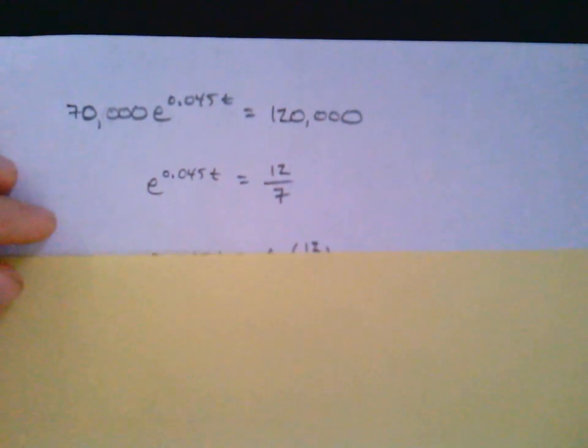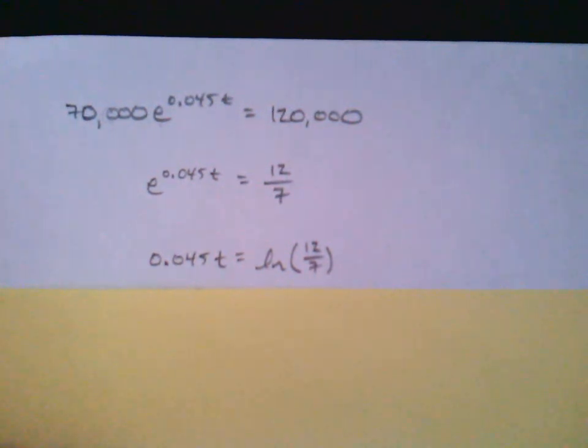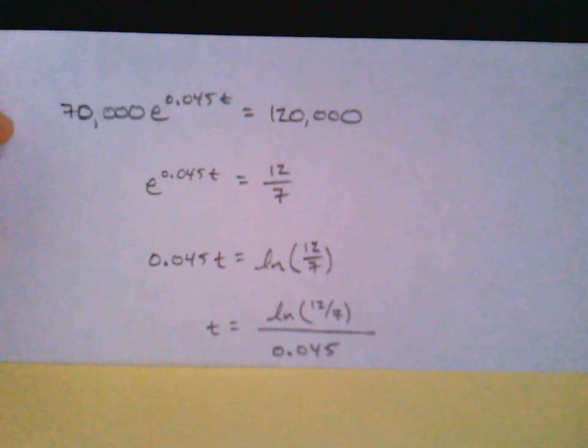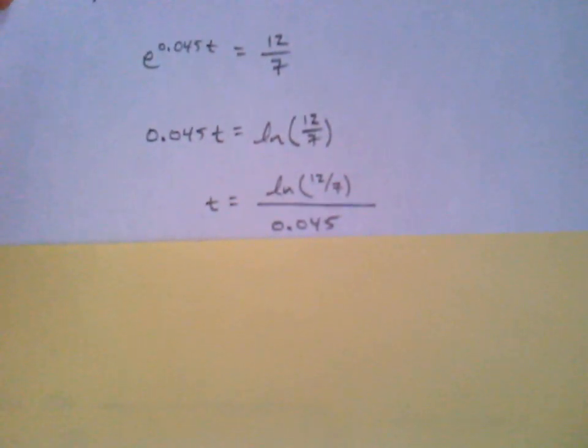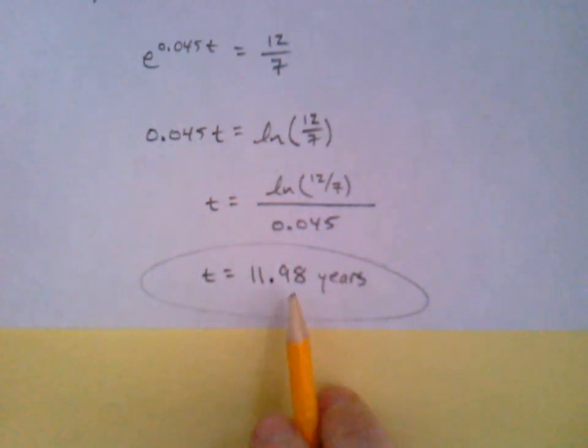All right. Take a natural log of both sides to cancel out the e. Finally, divide by that decimal. And there it is. 11.98 years when I round to 2 decimal places.